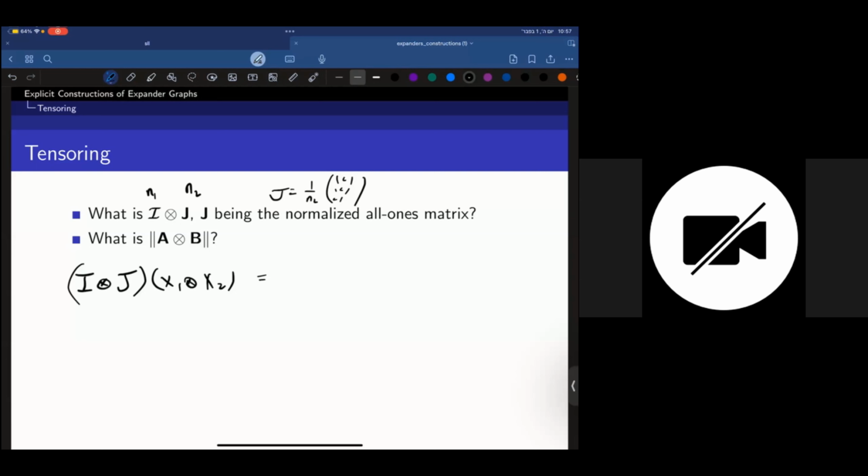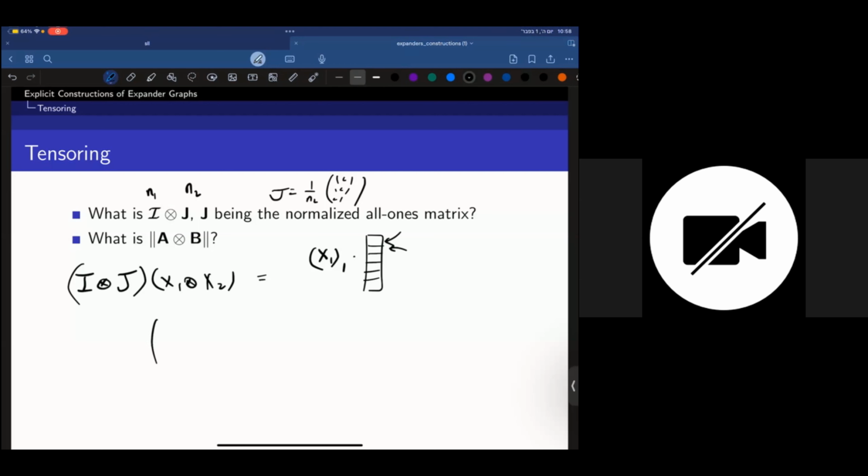And what is J doing to X2? The average, because we normalize. Exactly. What's going to happen is that the cloud corresponding to the first entry of X1 is multiplied by a vector which has the same entry everywhere, which is just the average of X2.